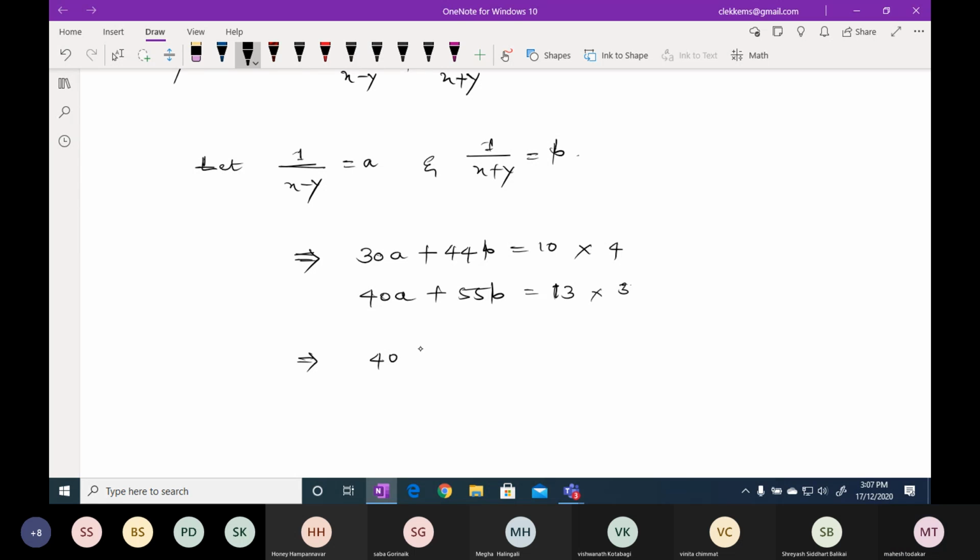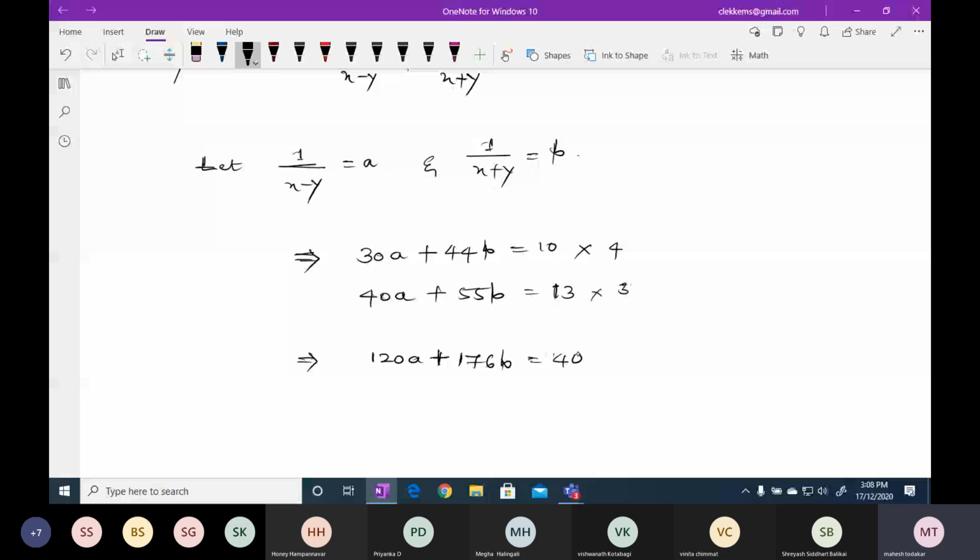Now check what will happen. If you multiply, 4 into 30 is 120, so 120a plus 4 into 44. How much is 4 into 44? Tell me fast. 176. So 176b is equal to 40.